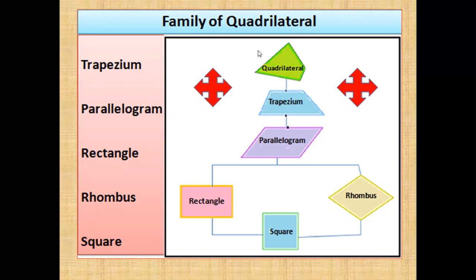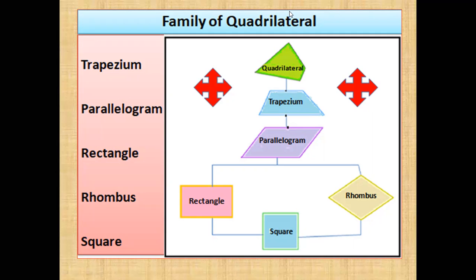Quadrilateral. A quadrilateral has 4 sides and 4 angles. Also, the sum of all the 4 angles of a quadrilateral is 360 degrees.